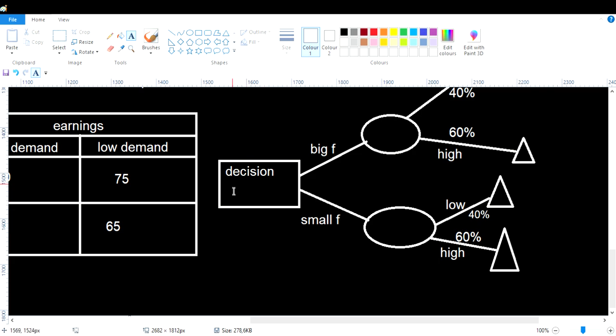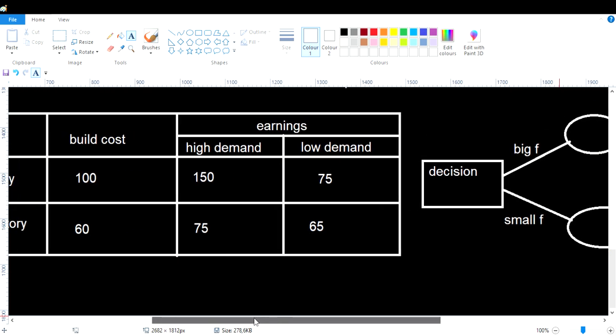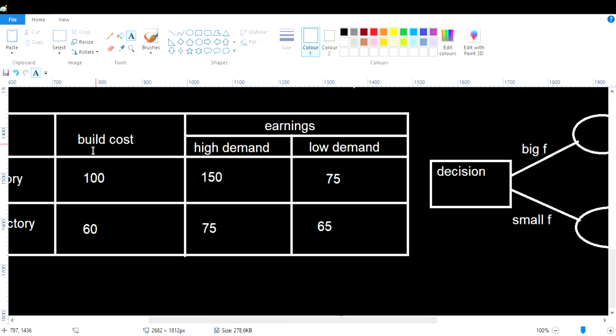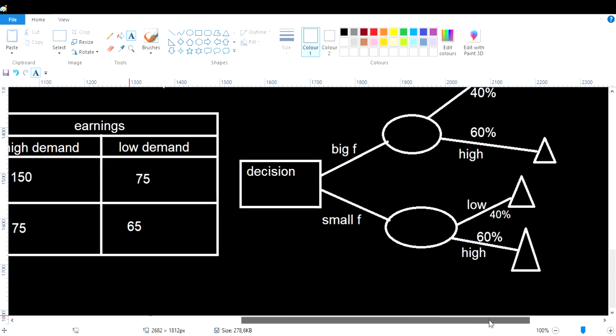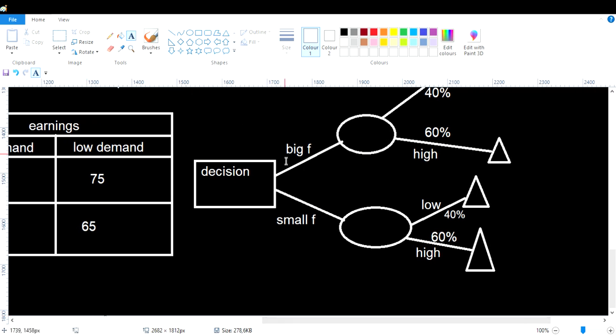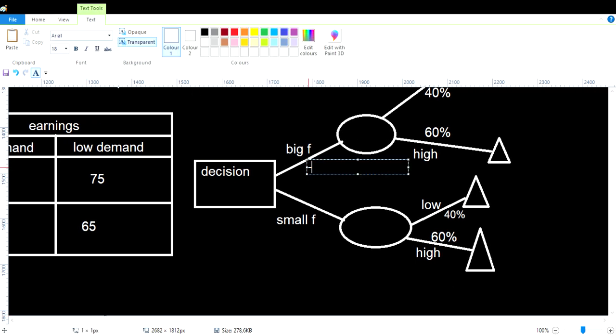Okay, here we're given the cost. Building cost for a big factory is 100 million. So here I'm going to write minus 100.